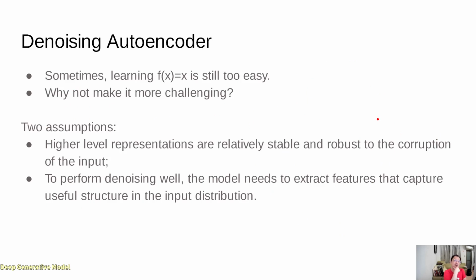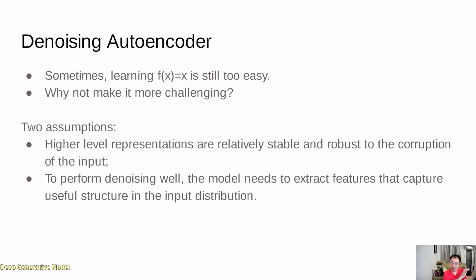Okay, there are a lot of different creative methods to use these autoencoders. For example, sometimes learning f of x equal to x is still too easy. There are some chances that it is very difficult to narrow down the bottleneck, or you don't want to narrow down the bottleneck, or you can't.